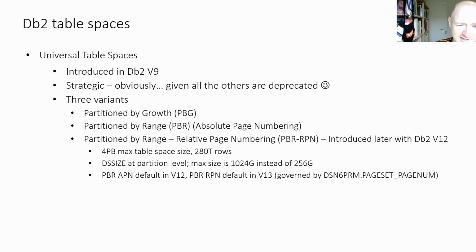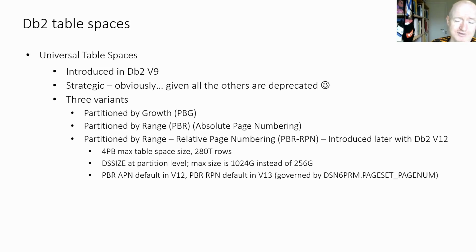One of the nice advantages of the RPN is that you can set the DSSIZE at the partition level. So if you're close to running out of space in a partition, you can actually increase the DSSIZE for that single partition, and then save some time or buy some time, hopefully. Also, the max DSSIZE is 1 terabyte rather than 256 gigabytes, so you can have more space.